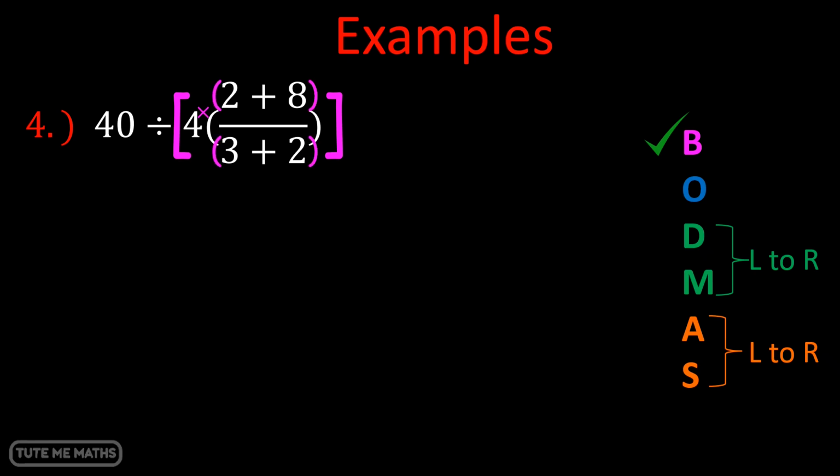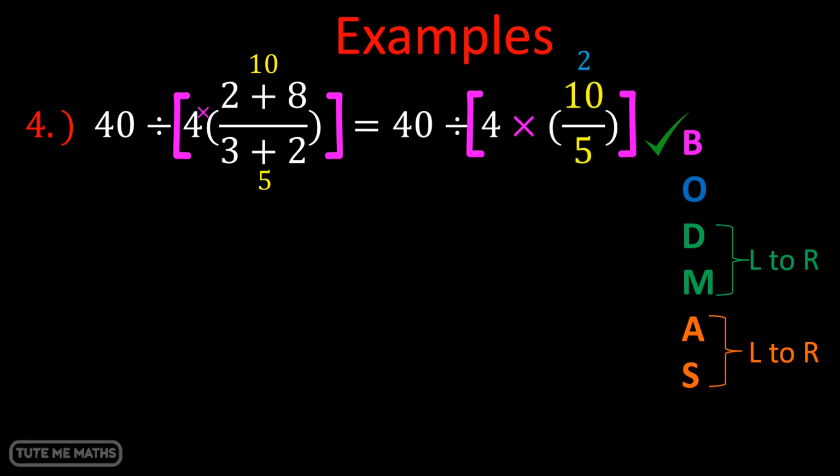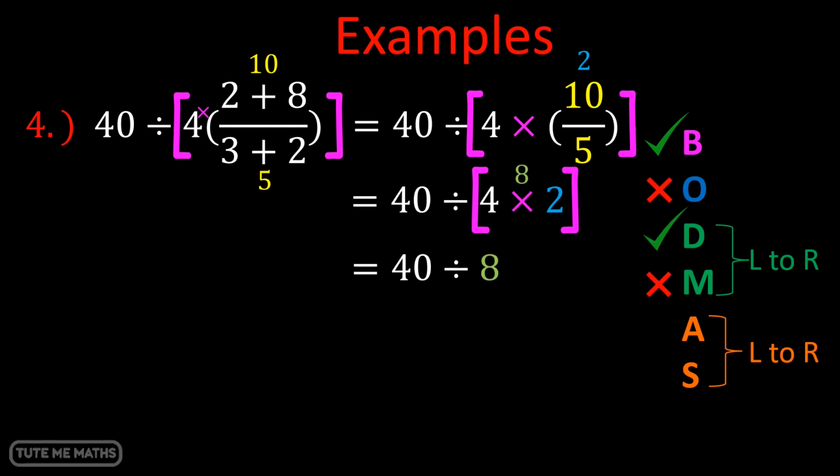It's not vital in this example, since there aren't any extra calculations applied inside the brackets containing the fraction. We end up with 10 over 5, which then becomes 2. Since we have added in the extra brackets, we can now include the multiplication sign. Alternatively, we could have simply performed the multiplication, leading straight to this final calculation, giving the final answer of 5.